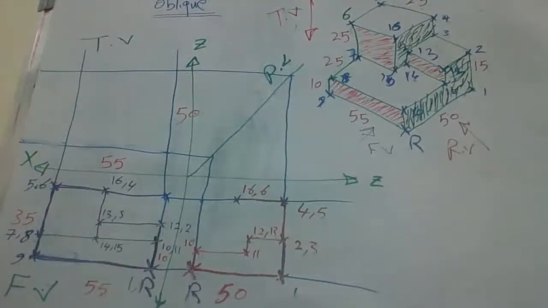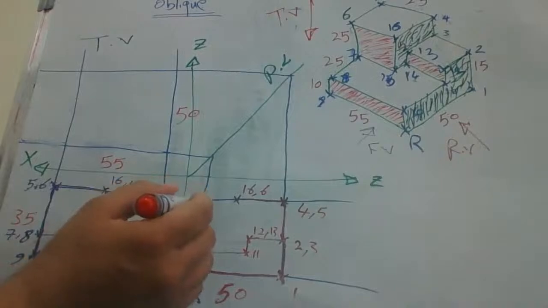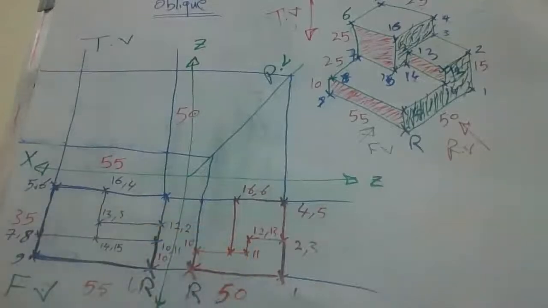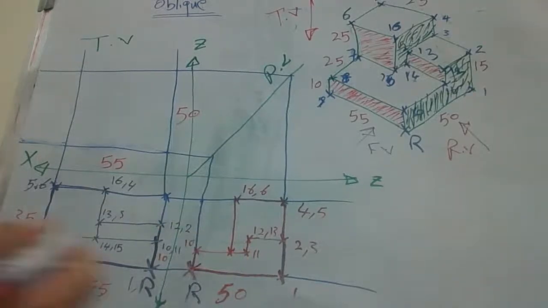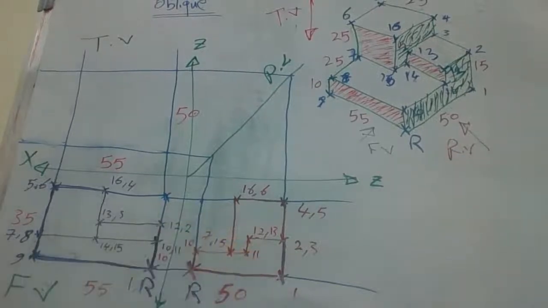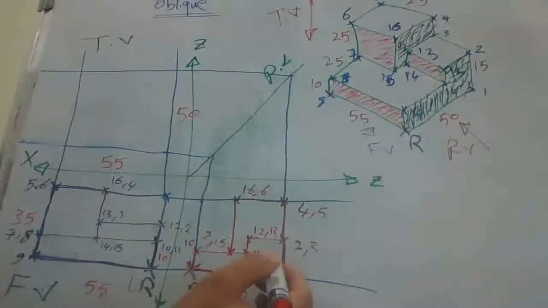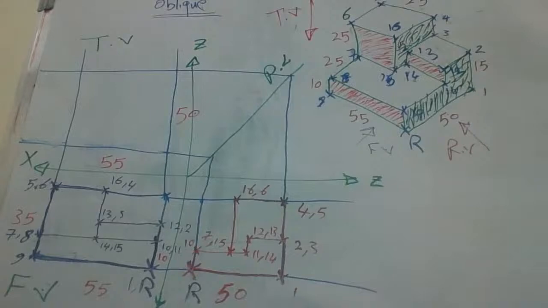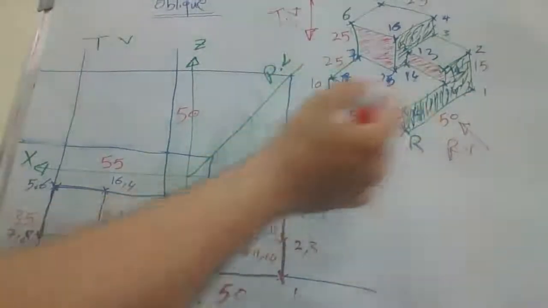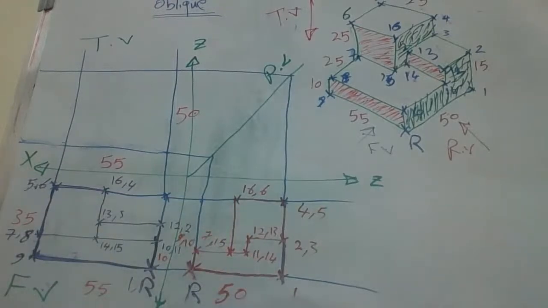Now from 16 to 15, the difference between 15 and 14 is 5. Now 15 here with 7. Also 14 is behind 11. We can see this is the shape. Now 8 is behind 10, and 7 behind 15, and so on.